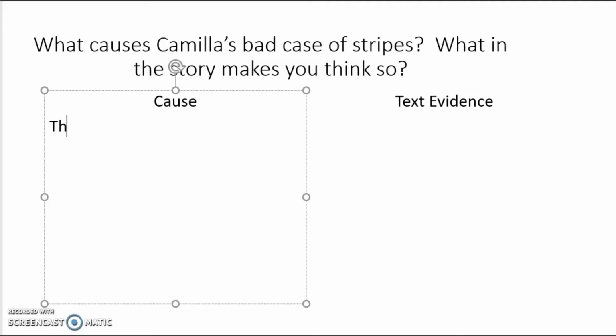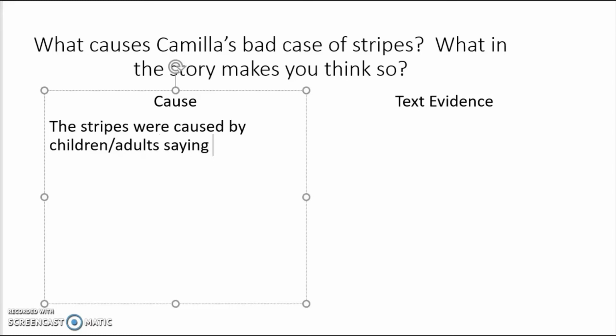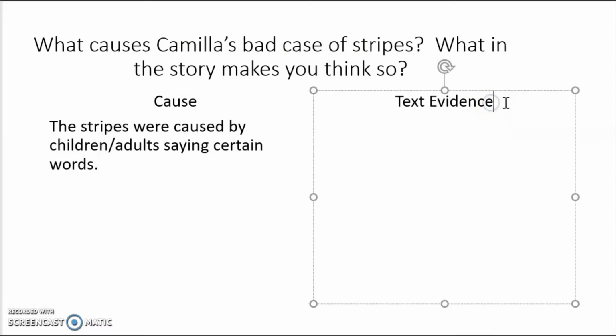Easton told me that he believed the stripes were caused by children and adults saying certain words. I asked him, what in the story made you think that? And he said, well, Mrs. Body, there was the part where the child called out checkerboard.